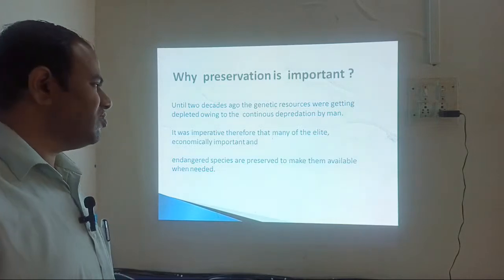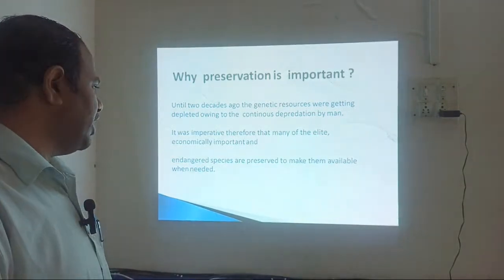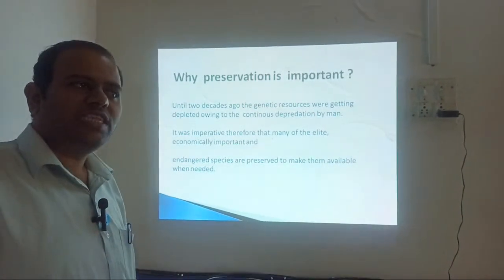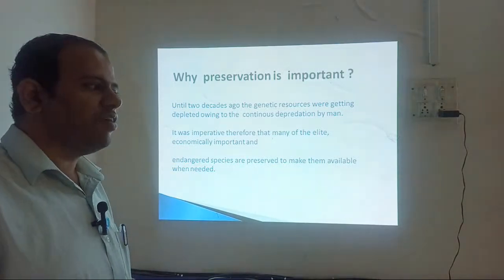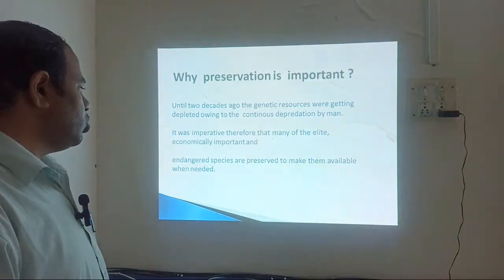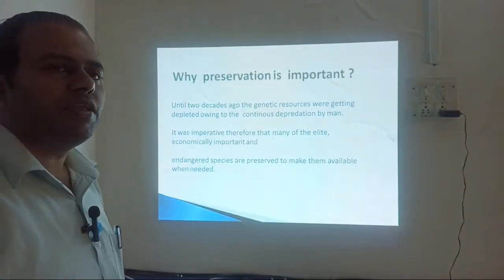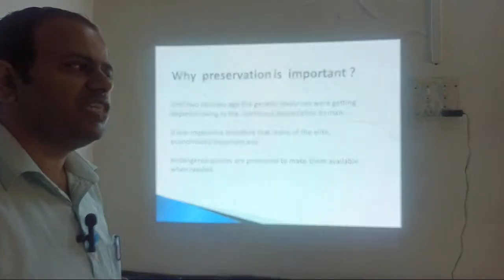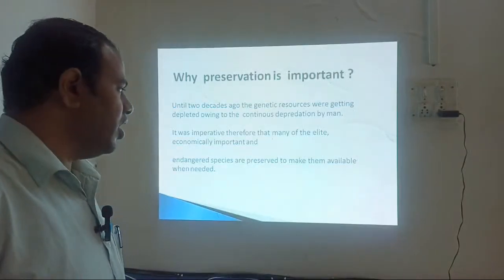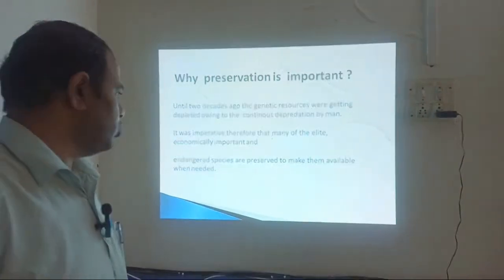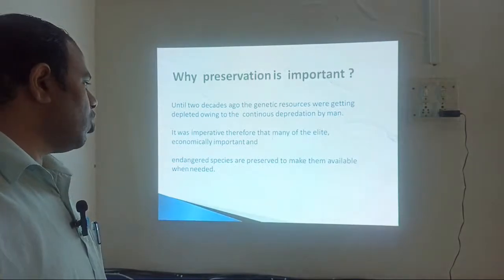In this, the original state of the body is preserved by using certain chemicals. In cryopreservation, you can preserve economically important species of plants as well as animals in different forms. Endangered species are also preserved like that.